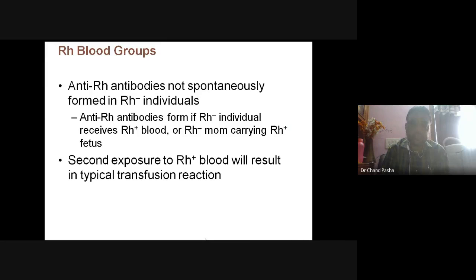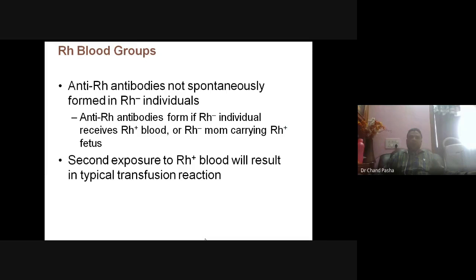And an RH negative mom, this is one critical case, erythroblastic fetalis. Suppose a mother is RH negative and she bears a baby during her first pregnancy, and she bears an RH positive baby.